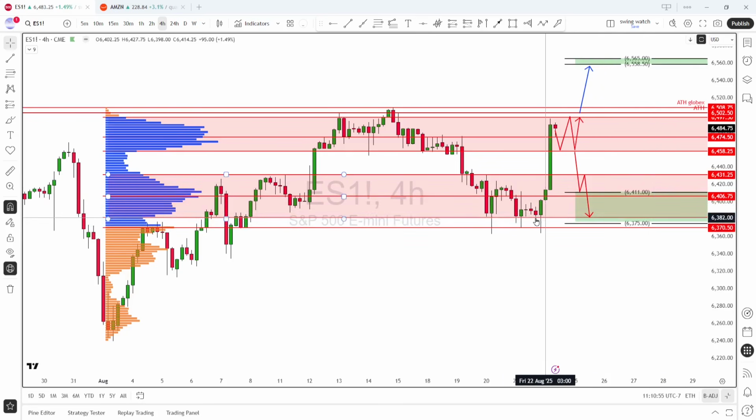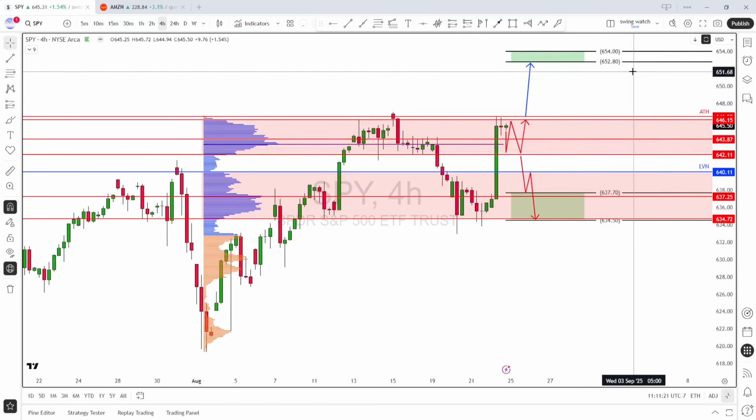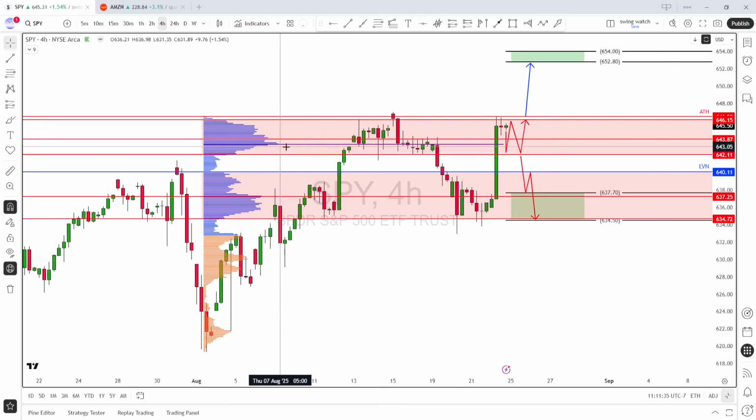So basically we're targeting this lower edge of this balance area if the lower range comes into play for the coming week. And for the SPY, the market is pricing in the upper range of 654 and 652.80. The lower range is between 637.70 and 634.50. Similarly to the ES, it is bouncing around right now at this upper distribution.